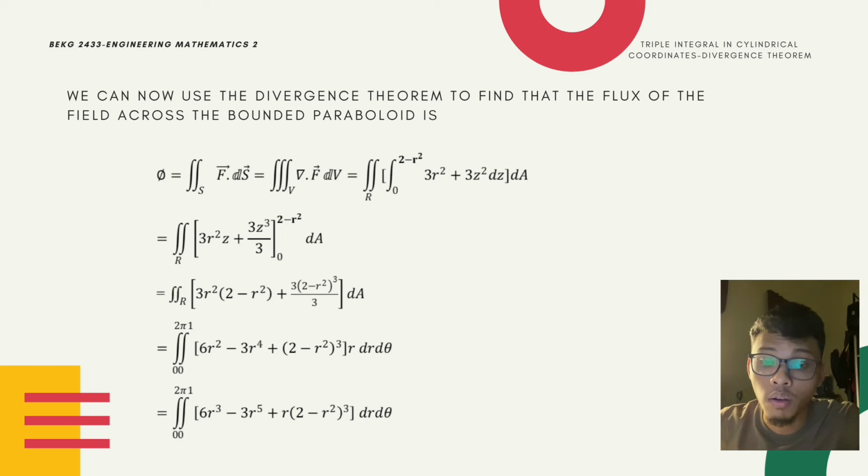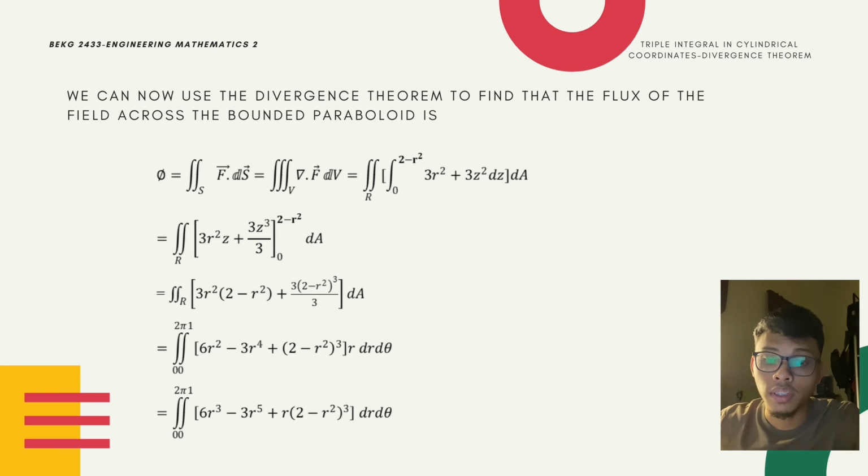First, we put the divergence of F, which is 3r squared plus 3z squared, into the triple integral formula of the solid. So the equation will be the triple integral of 3r squared plus 3z squared dz r dr d theta, with limits for z 0 to 2 minus r squared, for r 0 to 1, and for theta 0 to 2 pi.